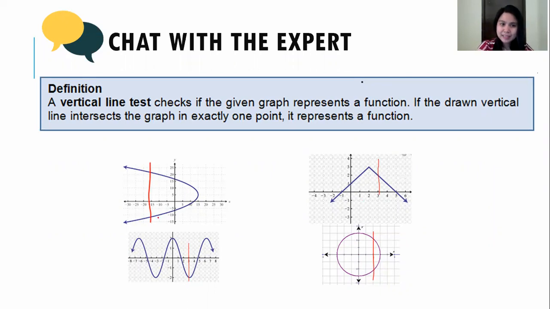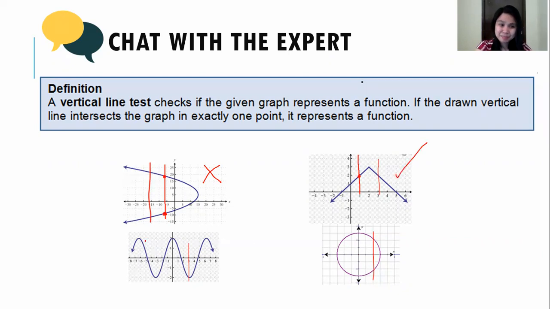Example, like this one. You draw a vertical line, it passes in 2 points. Therefore, it is not a function. This one, you draw a vertical line, it only crosses by 1 point. Therefore, this is a function.